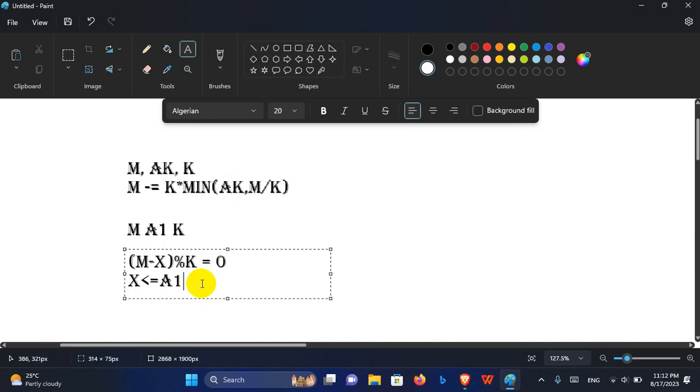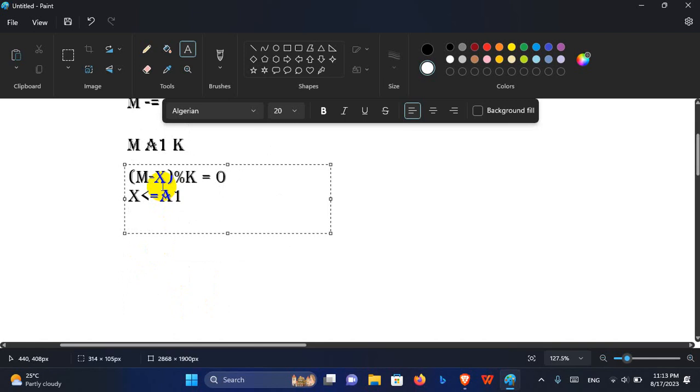So how can we solve this problem? We know the theory that (m minus x) divided by k mod is equal to 0. This is the math theory.